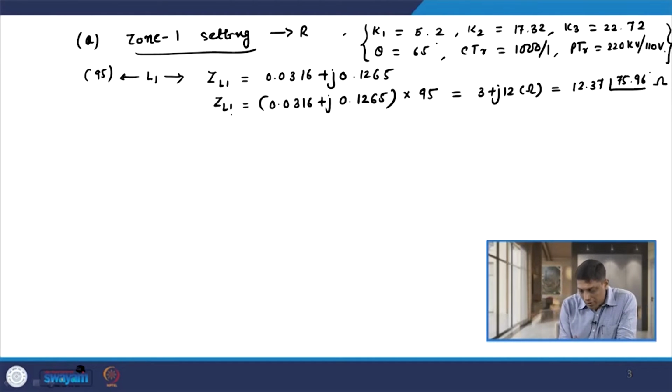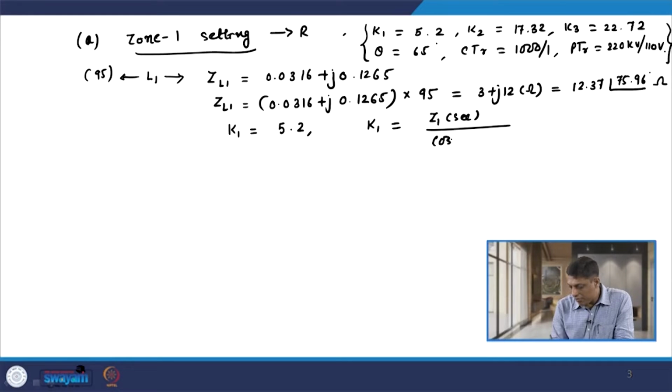Now as the value of K1 is given, that is 5.2, we know that K1 is equal to Z1 secondary divided by cos of theta minus phi. So this equation we know. So Z1 secondary is equal to K1 into cos of theta minus phi.